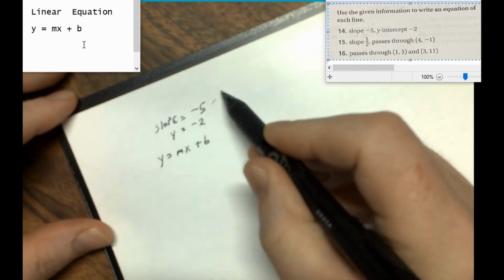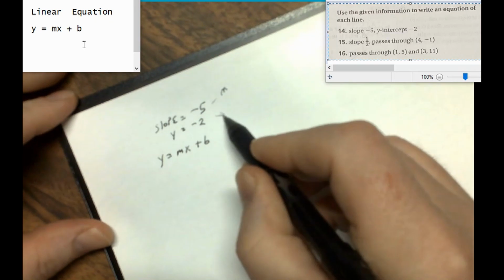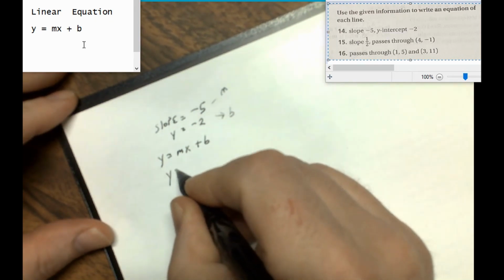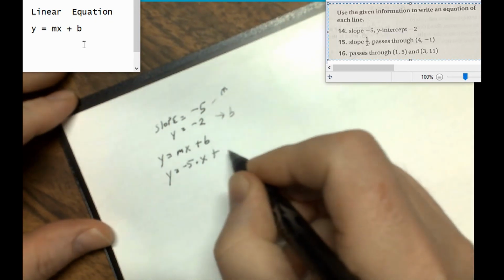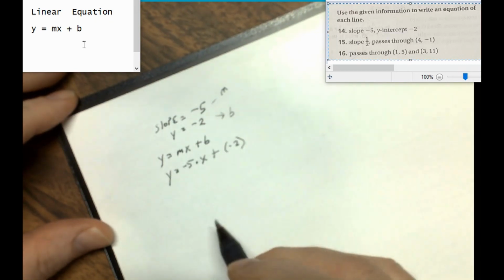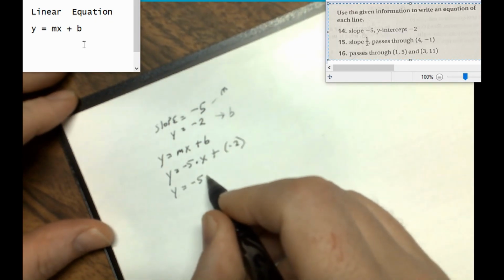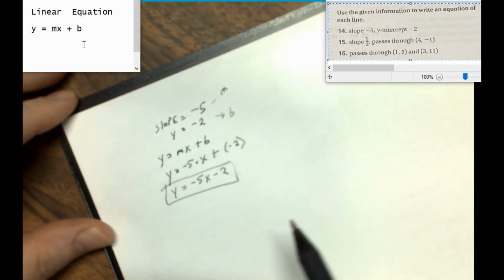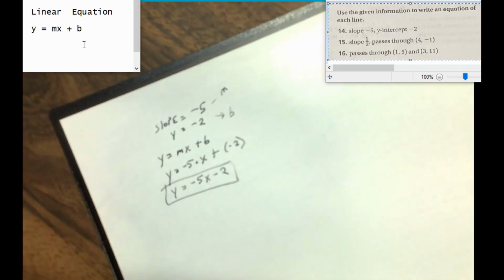What we're given is our slope, which is the m variable, and the y-intercept, which is going to be our b variable. If we plug those in, it's negative 5 times x plus our negative 2, and if we work that out, it's y equals negative 5x minus 2. So for number 14, this is what they're looking for in reference to the equation.